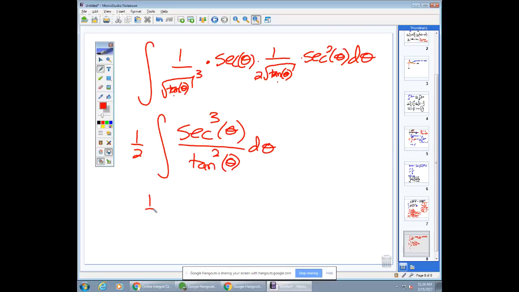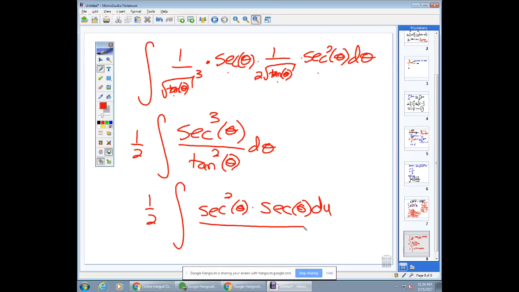If we rewrote this as the integral of the secant squared of theta times the secant, so kind of leave it the way it was up there, we have our tangent squared in the bottom. Oop, d theta, sorry. And if we let u be tangent, then secant squared d theta is our du.